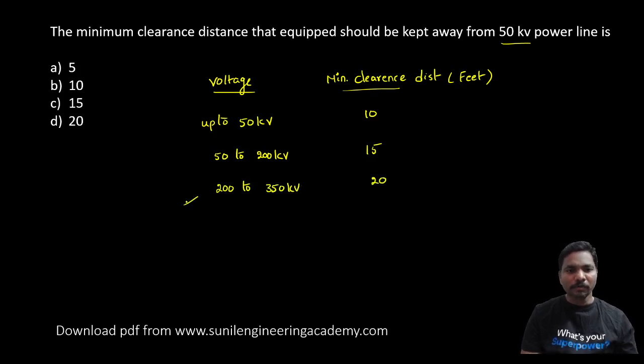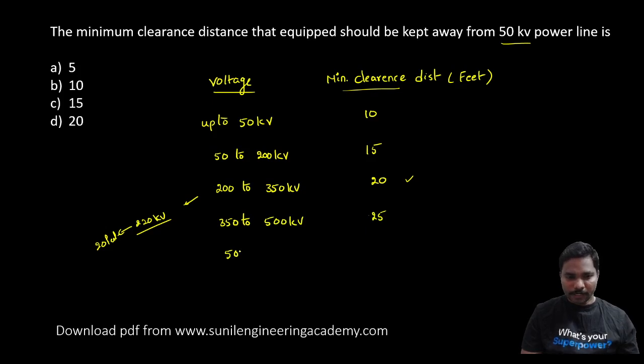So generally, if they ask about 220, you give the answer 20 feet. If it is 350 to 500 kilovolts, the clearance required is 25 feet.